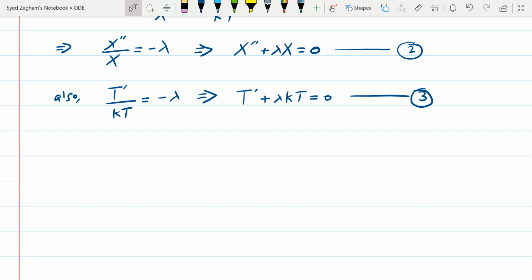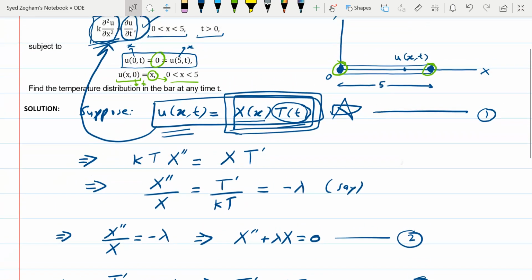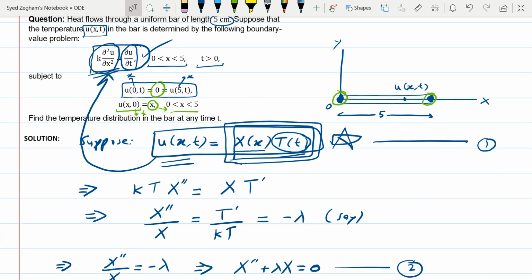Now, one more thing before we proceed, one more thing we want to do. These conditions are given to us.